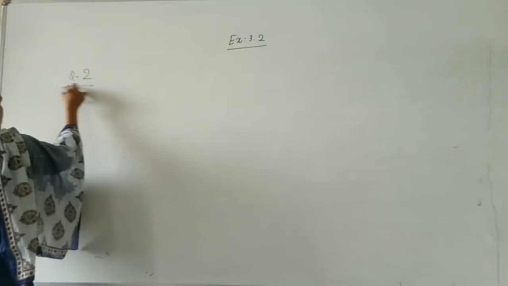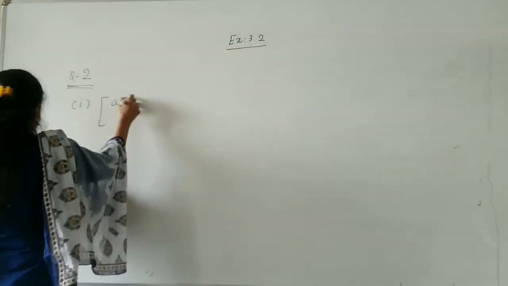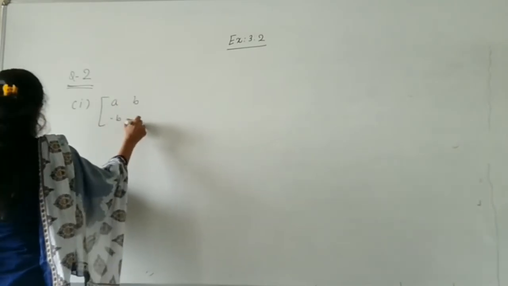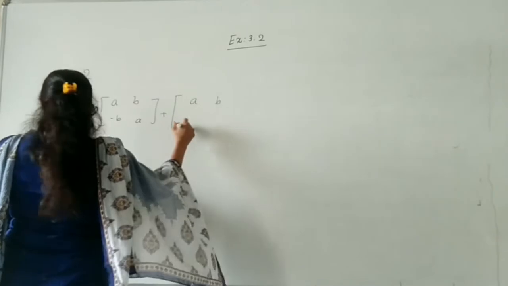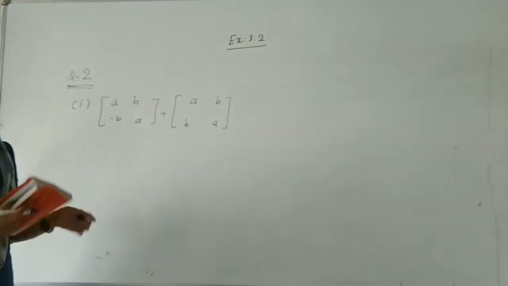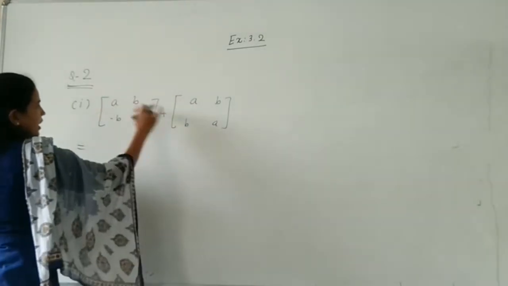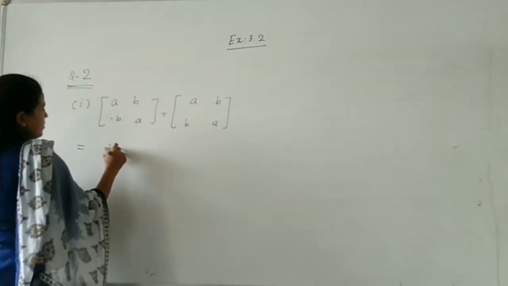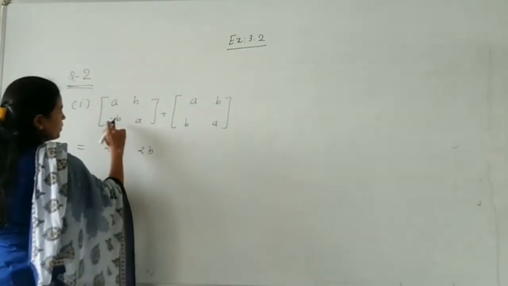Question number 2. So first is A, B, minus B, A plus A, B and B, A. So compute the following. What we have to do here? It is given to you. Directly add A plus A, and directly 2A. B plus B, 2B.